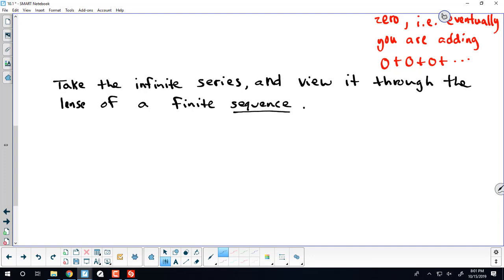If we're going to look at a series in terms of a sequence, it doesn't make sense to look at just the terms, because we're adding the terms. So what makes sense is to look at a sequence of what we call partial sums, that we call capital S sub n.